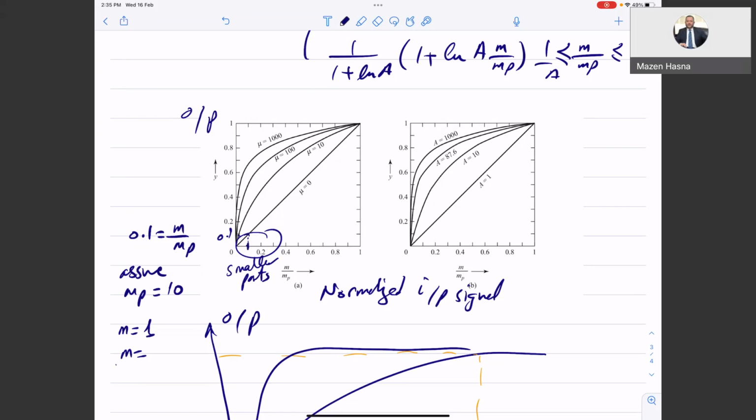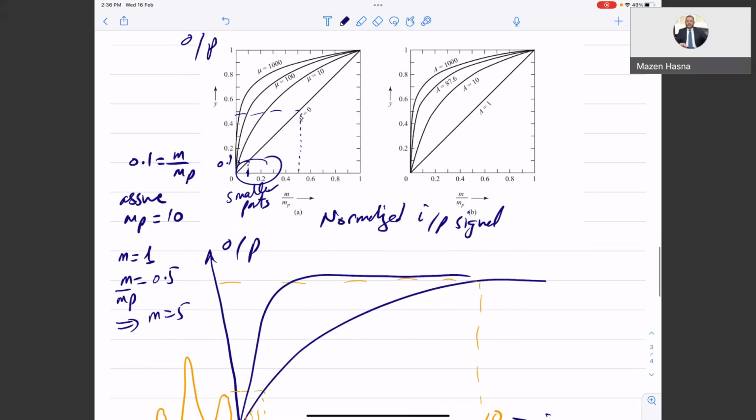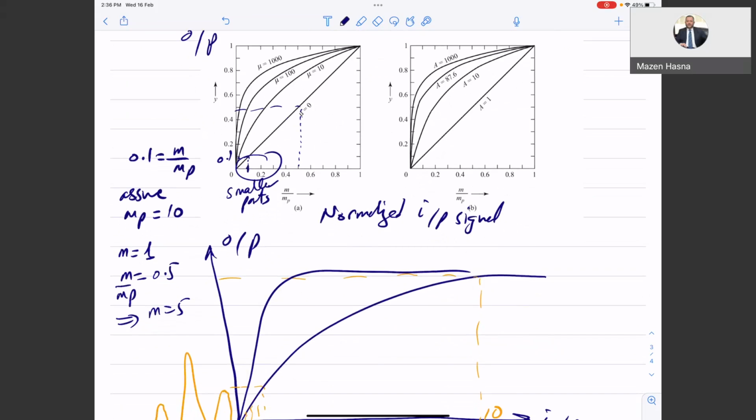When m over mp equals 0.5, which means m equals 5, the output is 0.5.